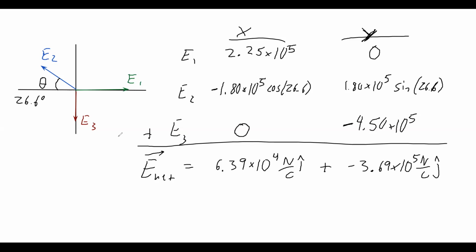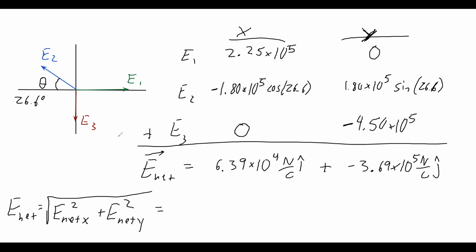So to find the magnitude, once you get that unit vector notation, all you got to do is take the square root of E net x squared plus E net y squared, and we have our values there.